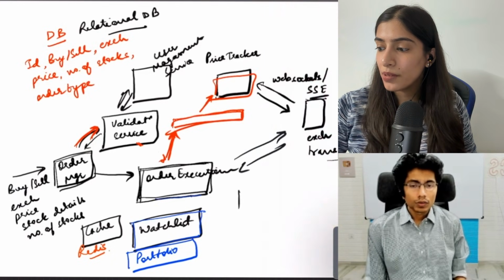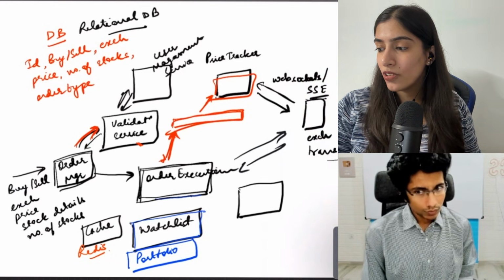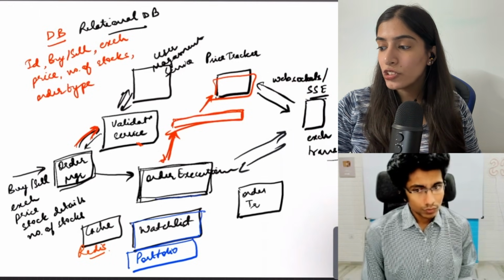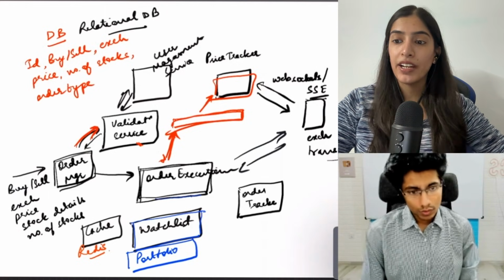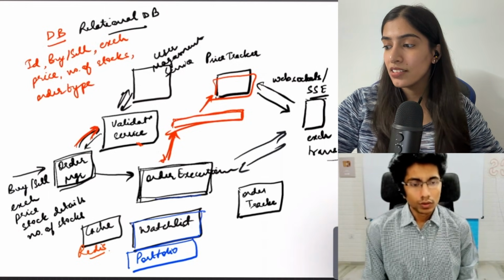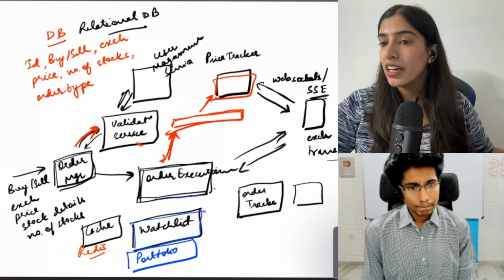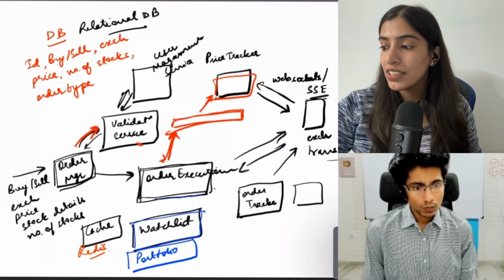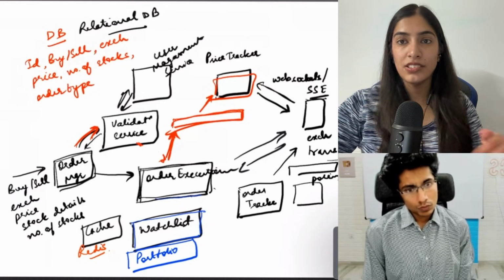I was thinking maybe there is another service that is basically an order tracker. Whenever an order is placed that is not completed, basically a pending order, it goes in this. There is its own DB of the pending orders. And this keeps polling the exchange, so there has to be a polling mechanism over here, just thinking out loud.